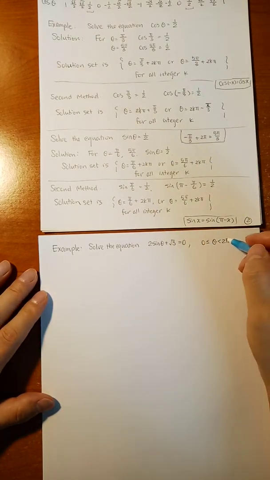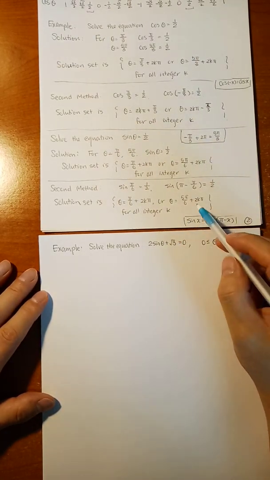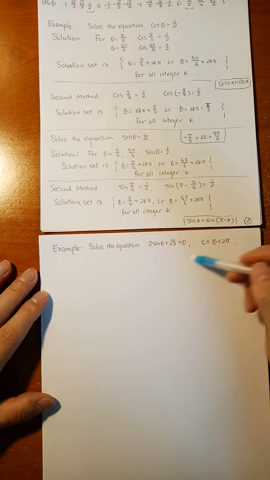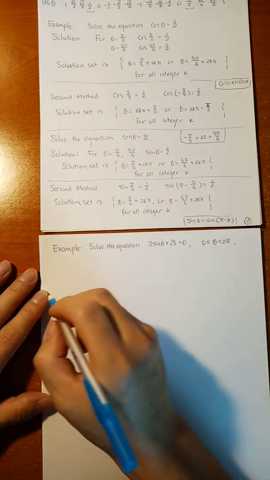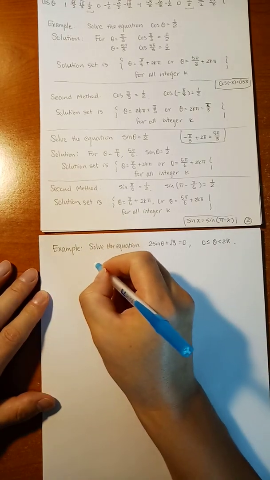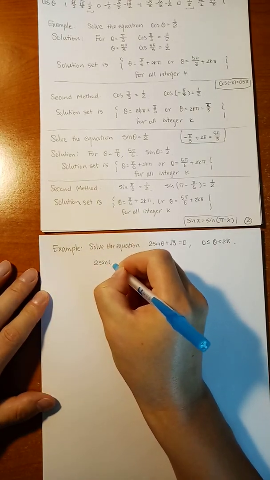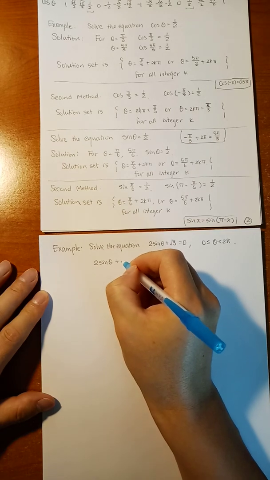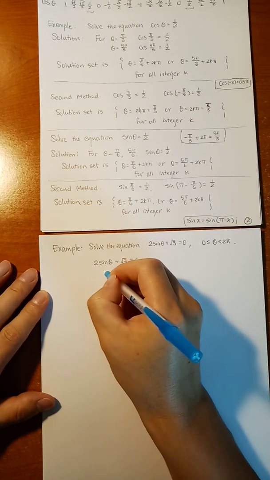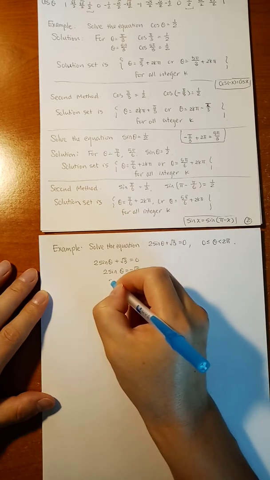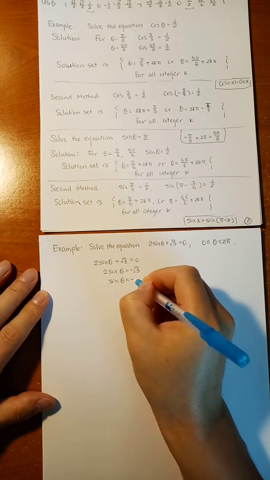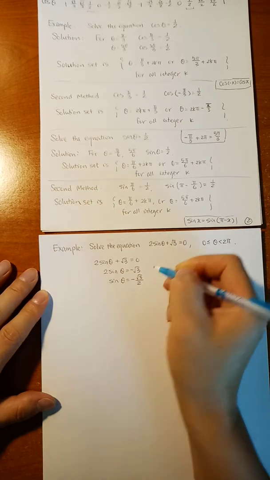So it means we don't need 2k pi, but we need a proper selection of k so that the solution is really between 0 and 2 pi. Okay, so to solve this one, first let's check: 2 sine theta plus root 3 equals 0. So 2 sine theta is negative root 3. Sine theta is negative square root of 3 over 2.